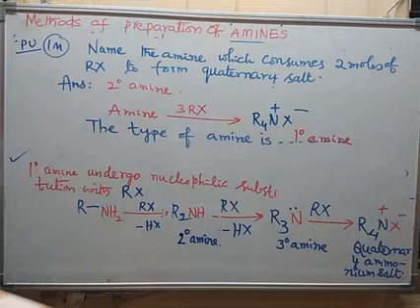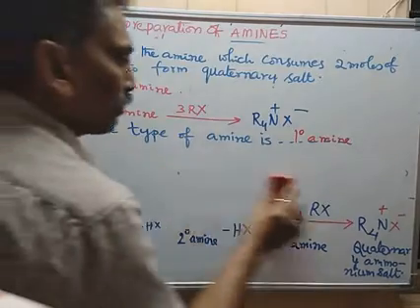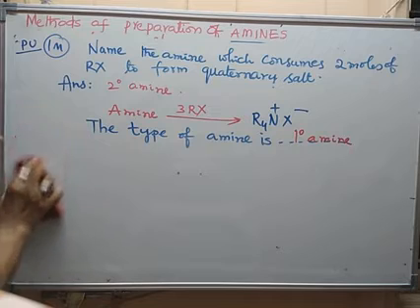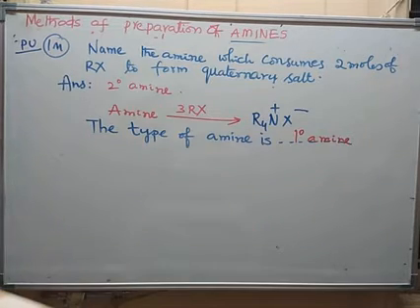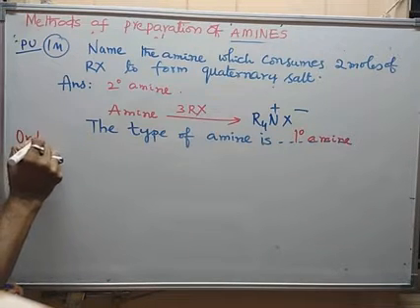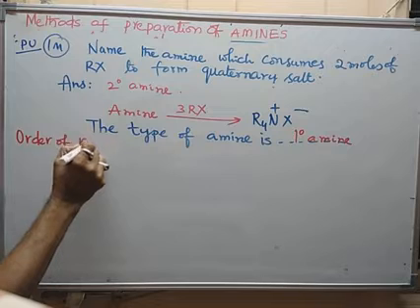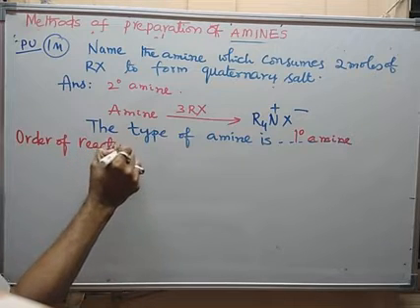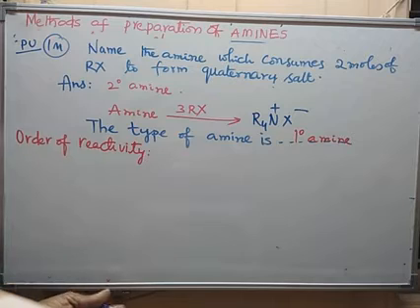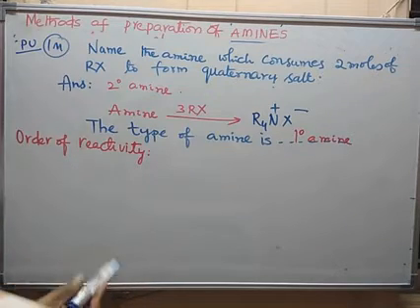Okay. Next step is towards competitive point of view. Already studied, that is reactivity of alkyl halides. Order of reactivity. This is already studied in alkyl halides, so here no trouble at all.